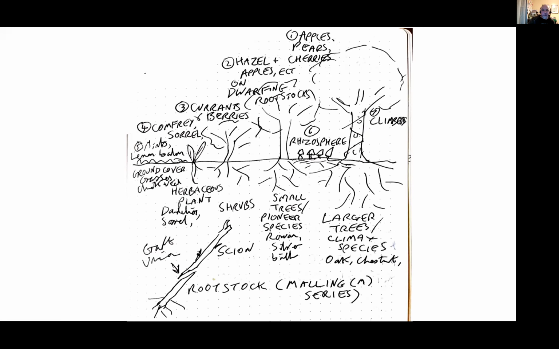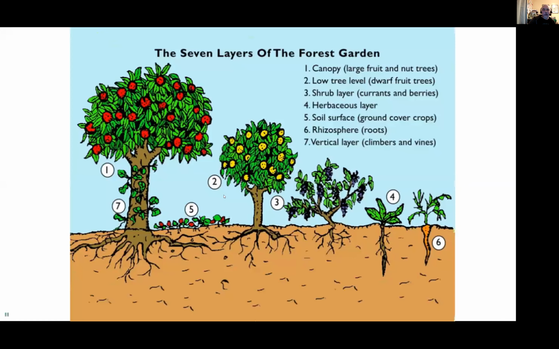So that was my sketchbook version of the succession story, and I guess this is probably the diagram, the 7 layers of the forest garden, that is probably quite a familiar image where you can see those layers a little bit more clearly.